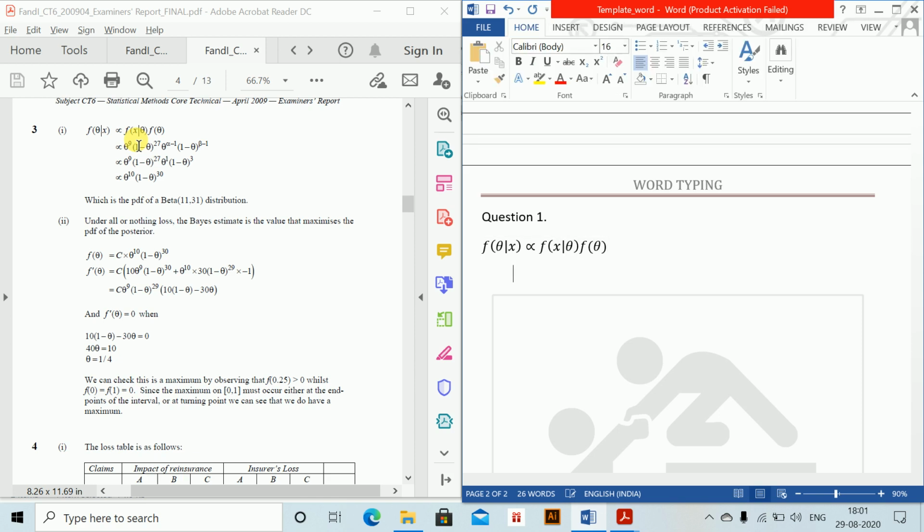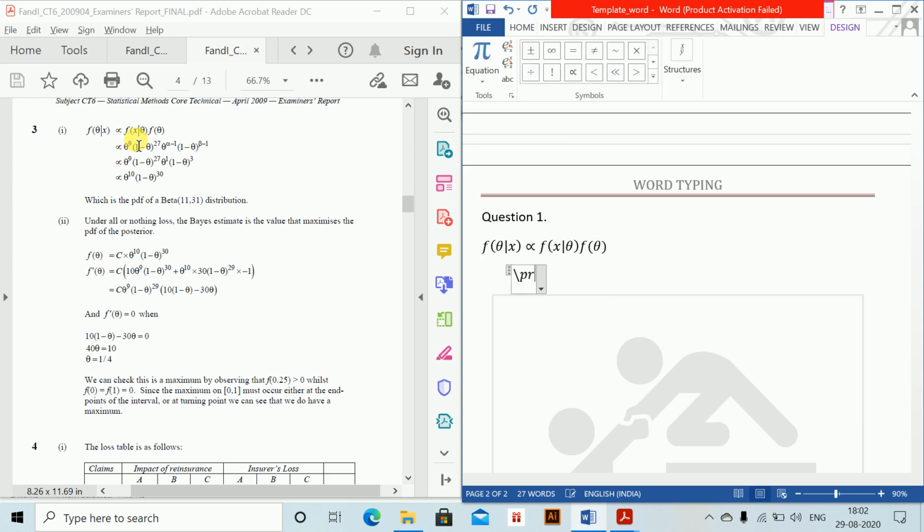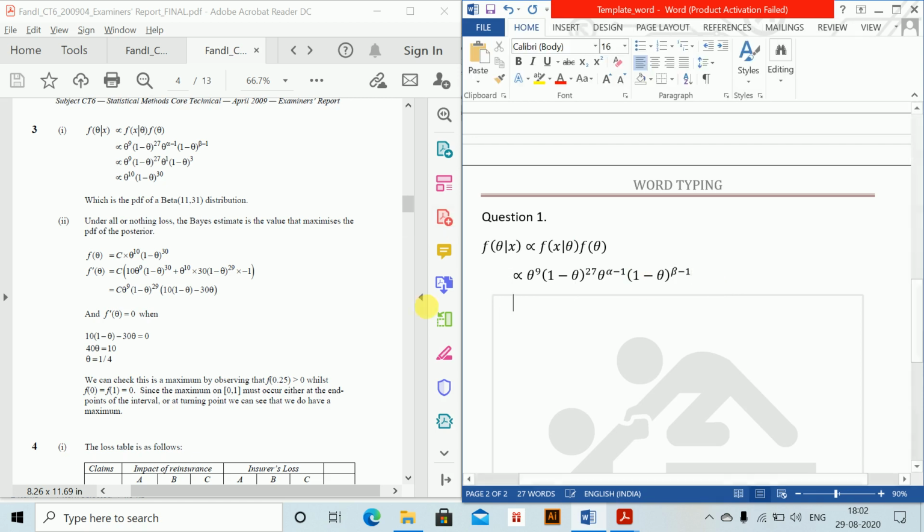Next line again, theta to the power 9 into (1 minus theta) to the power 27 into theta to the power (alpha minus 1) and (1 minus theta) to the power (beta minus 1). Okay, so this is what is coming down.